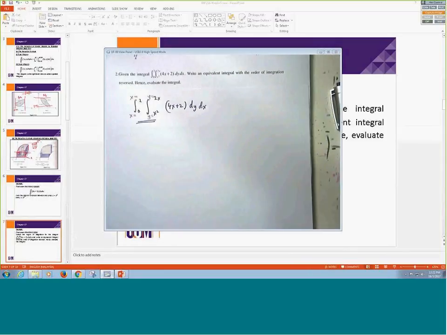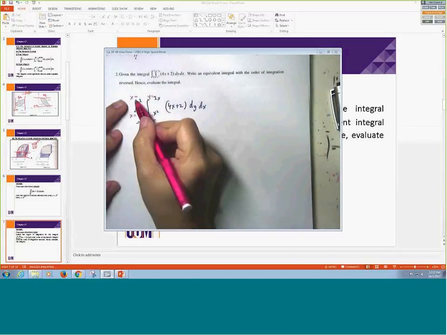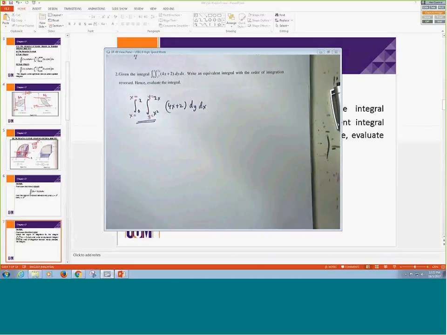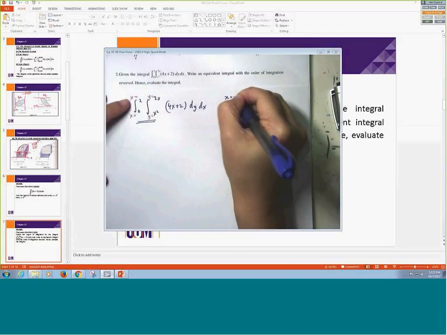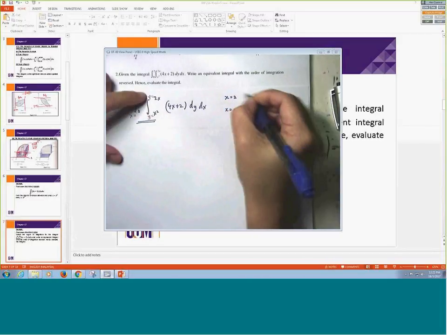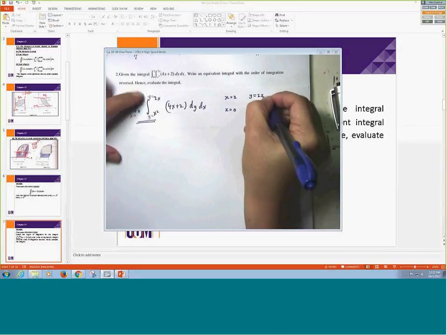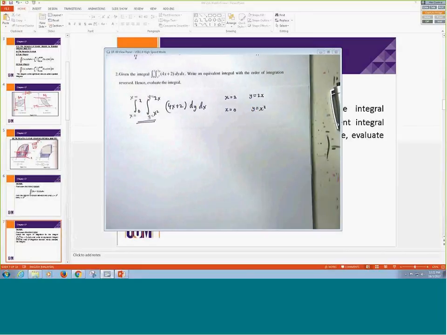And now we would like to sketch the graph. Look here. What we have is x equals 2, x equals 0, y equals 2x, y equals x squared. This is the region that we have.